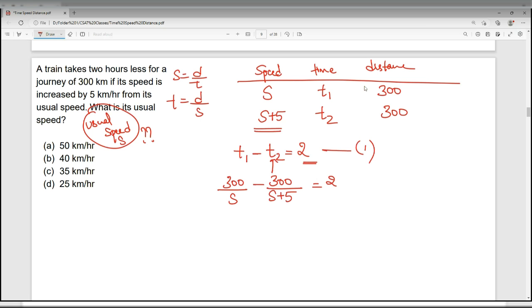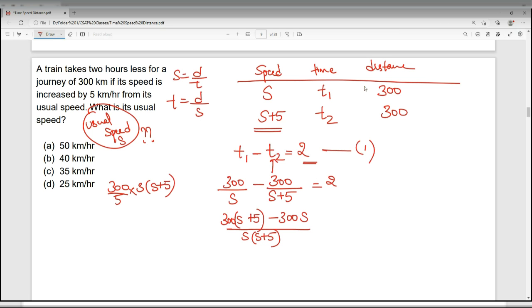We take an LCM here, S into S plus 5. This is 300 into S plus 5 minus 300 into S. We take this fraction and multiply it with the LCM, S into S plus 5.